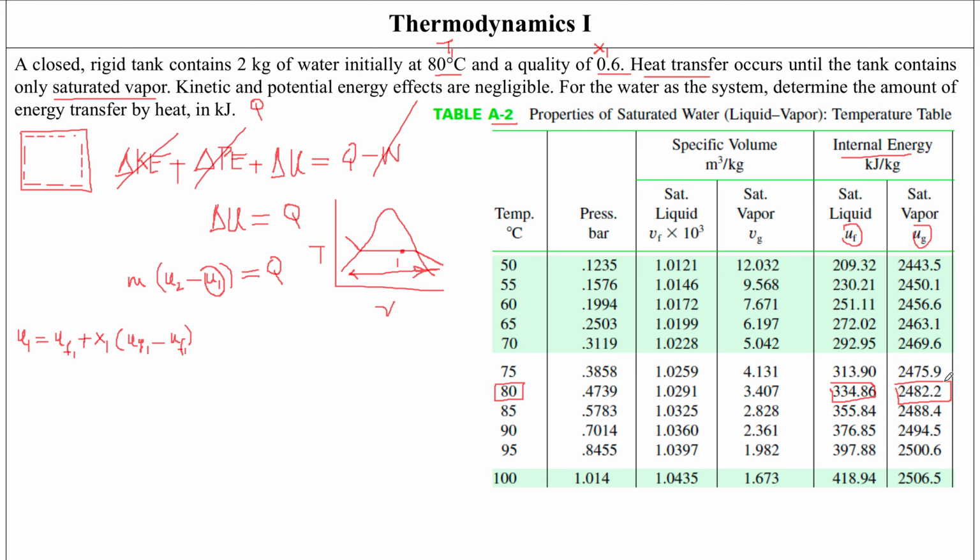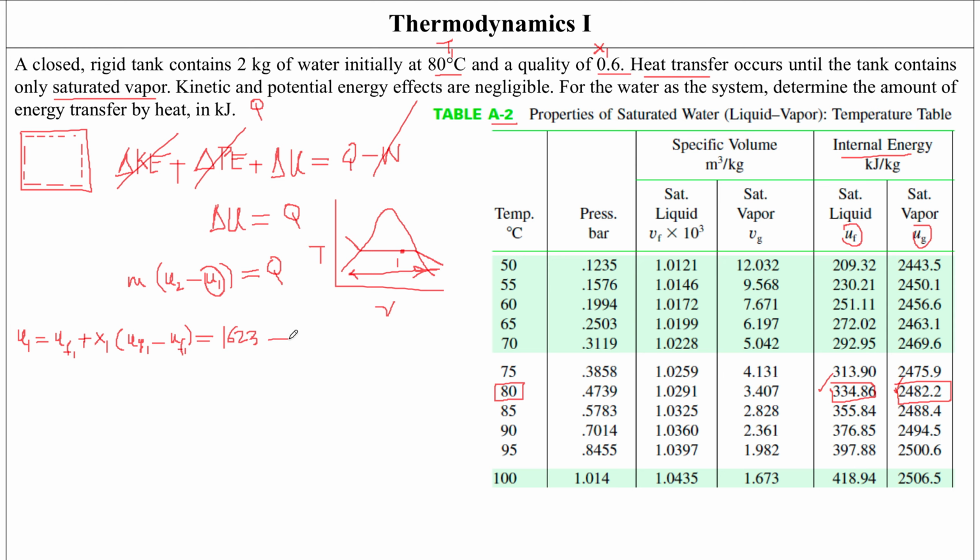Okay, so this is your UF at 1, this is your UG at 1. You plug them in here and you'll find out the value for U1, which is going to be equal to around, let's say, 1623 kilojoules per kilogram. Make sure you mention the units here.